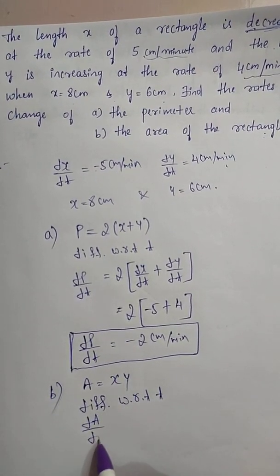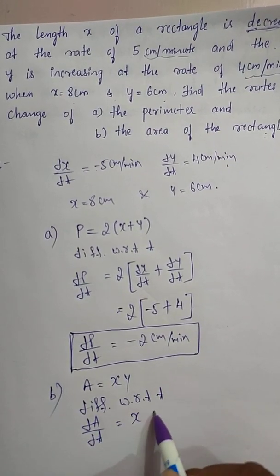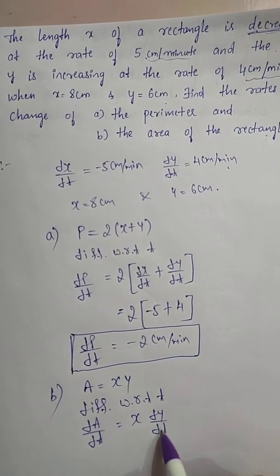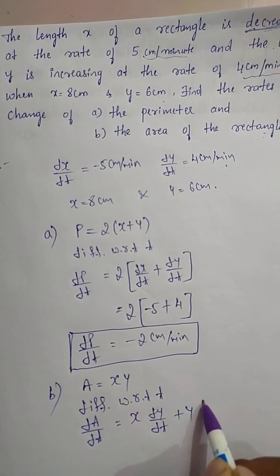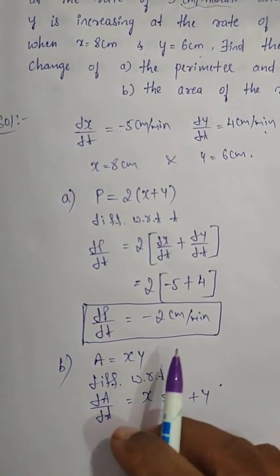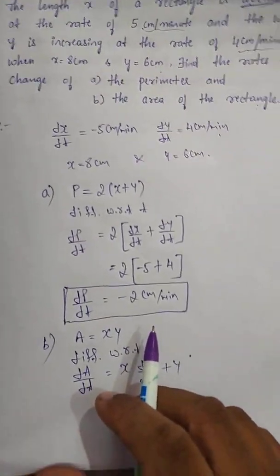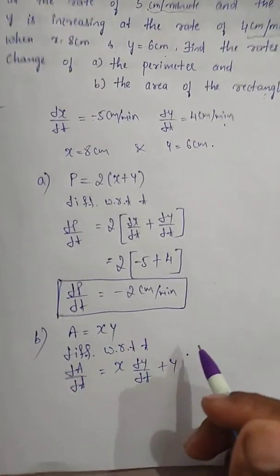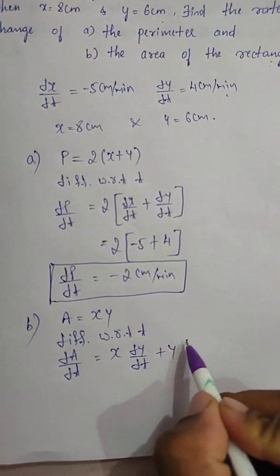dA by dt is equal to x as it is, differentiation of y is dy by dt, plus y as it is, differentiation of x is dx by dt.